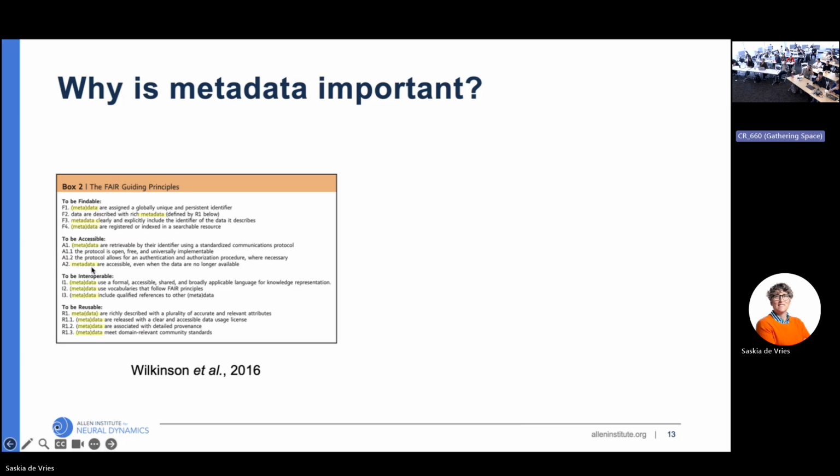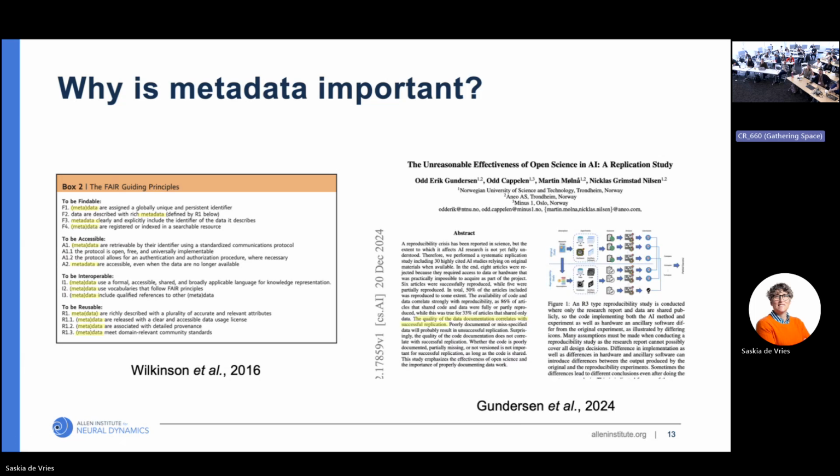I've highlighted the word metadata in each of the sub-points. The only two that don't have metadata talk about the protocol, and I would argue that protocols are just part of metadata. So really that becomes the linchpin of open science.